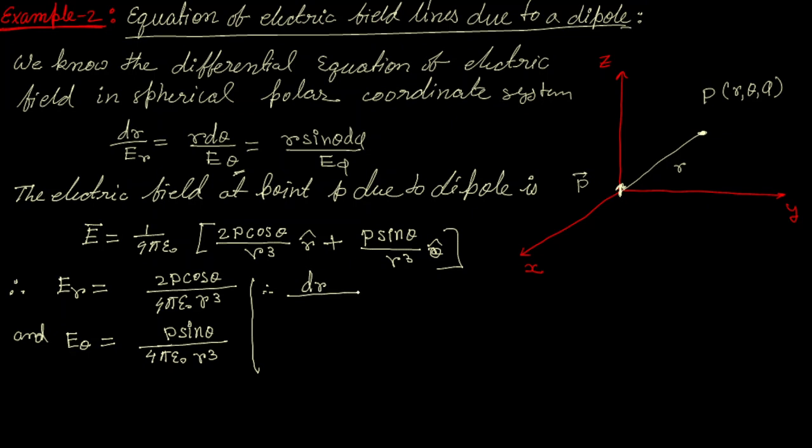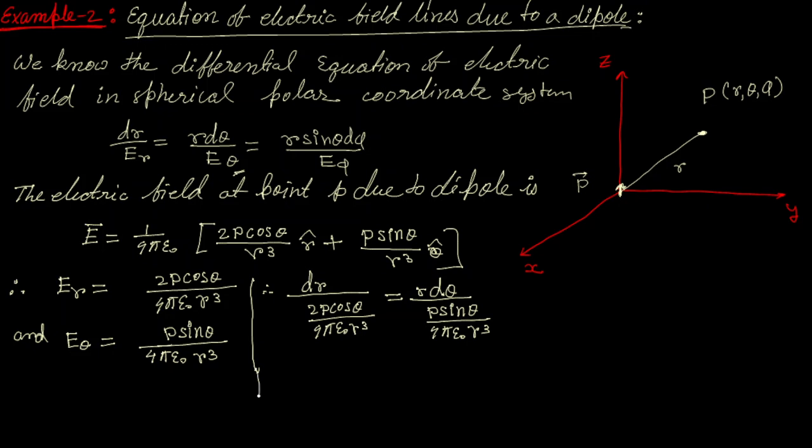Therefore we can write dr divided by 2p cos theta over 4 pi epsilon naught r cube equals r d theta divided by p sin theta over 4 pi epsilon naught r cube.